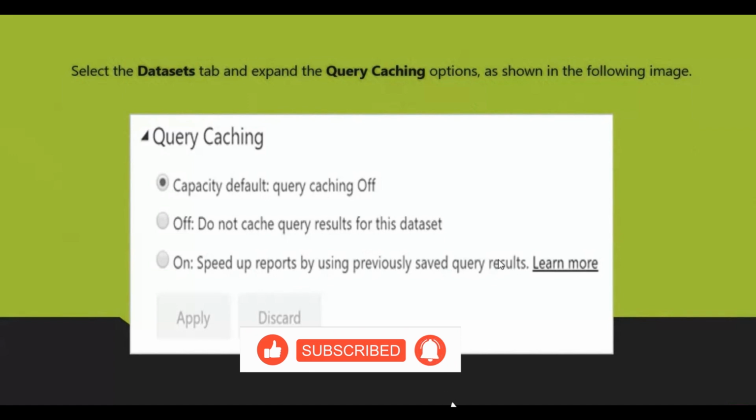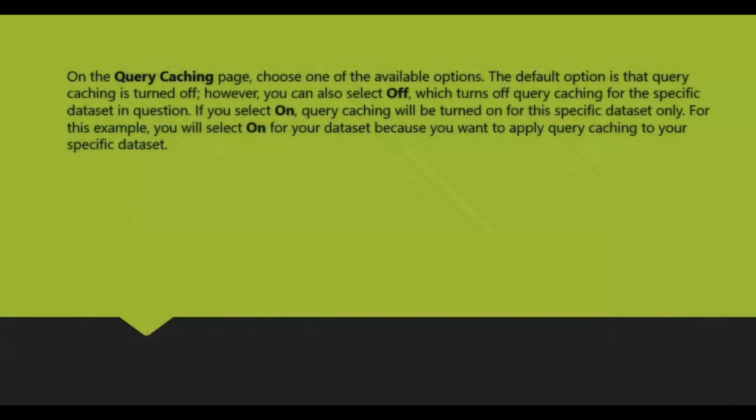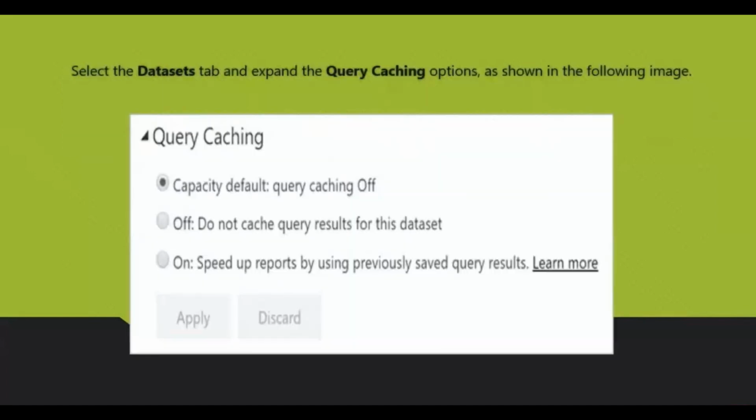A simple and proper definition is given here: it speeds up the reports by using previously saved query results, which are saved in the premium cache memory of your Power BI account. So just click the button and make sure you switch it on so that you can use it. As I told you, there are three options. The first one, capacity default, is off by default.